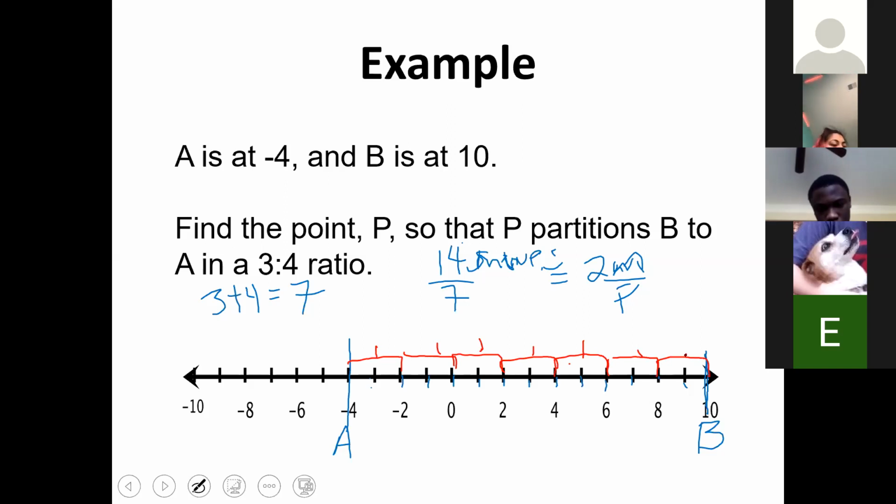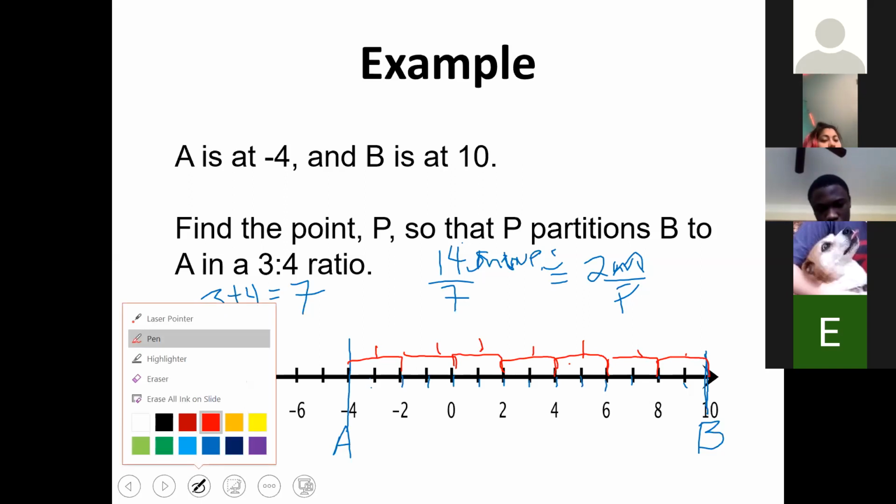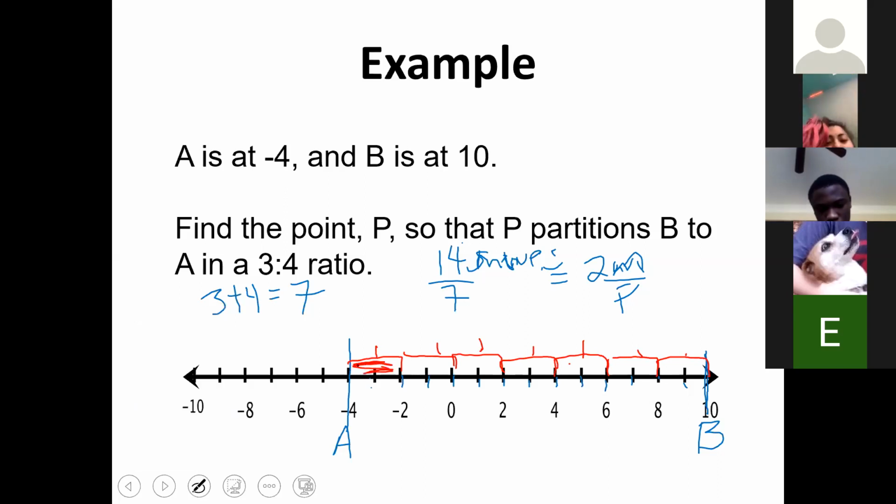All right, and it asks us to divide into a ratio of 3/4, so that way point P will be in that ratio. So we just need to find the first 3 segments. 1, 2, 3. So point P is going to be right here at 2.